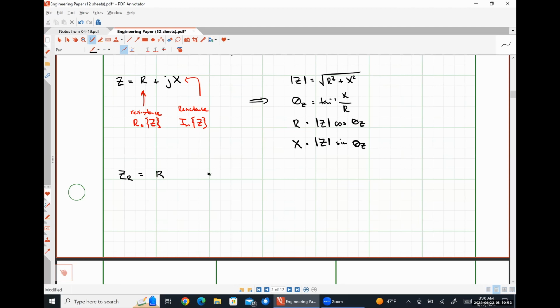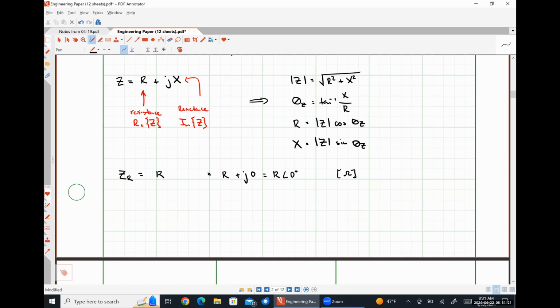Expressed as a rectangular form complex number, this looks like R plus j0, and expressed as a polar form complex number, this looks like R angle 0 degrees, where the units will simply be, obviously, ohms.